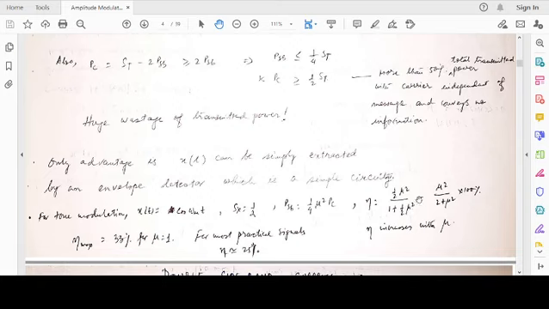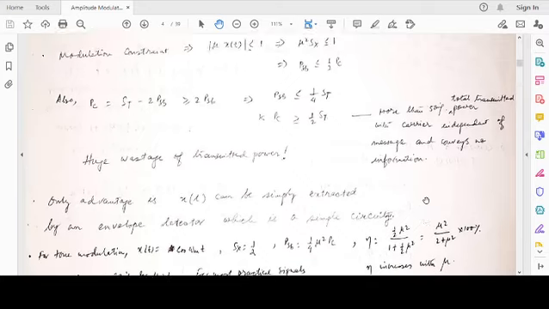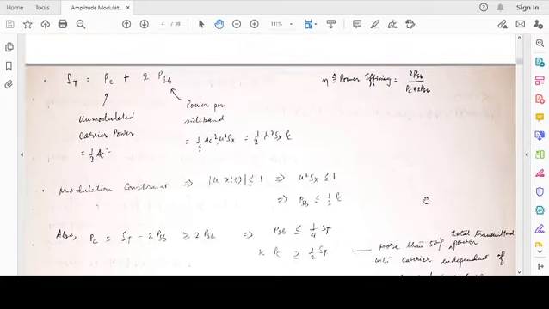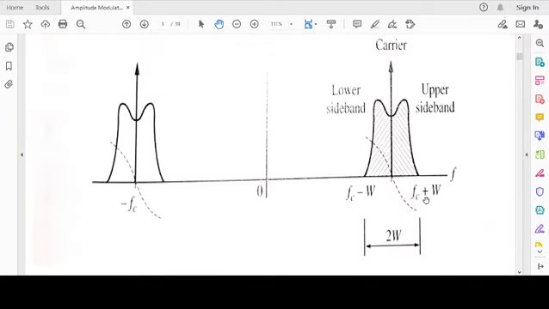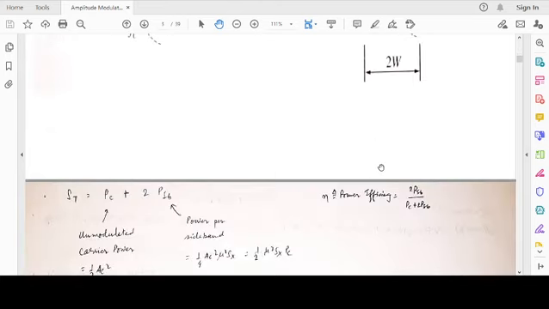For over modulation, it is greater than that. For most practical signals, we expect the efficiency to be just around 20 to 25%. It's not more than that in general, when you have a mixture of various signals combined together. So this shows that regular amplitude modulation, where you have the carrier present and symmetric sidebands, is not a very efficient scheme.